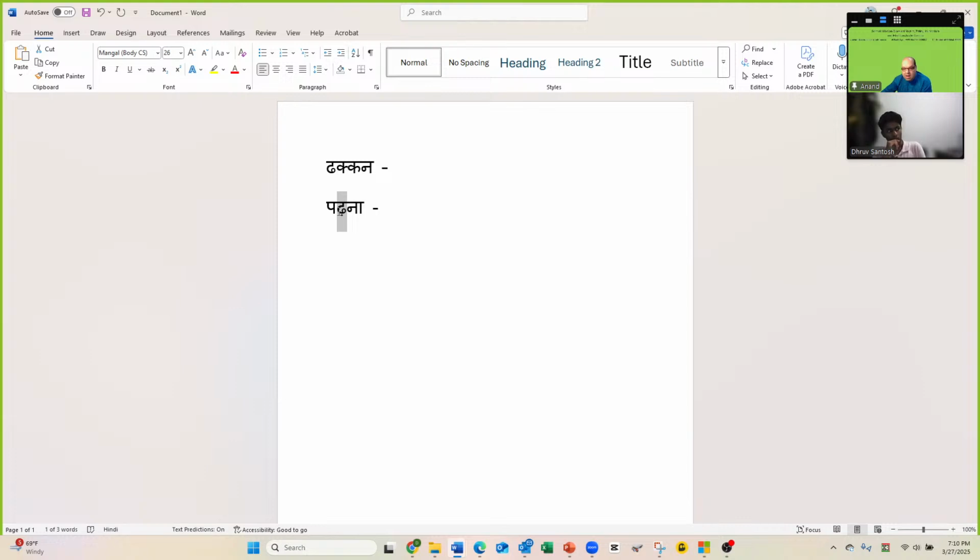Padhna. Now, what happens with these sounds is, whatever you do, you will not get these sounds right initially. You will only get the sounds right as you start reading more and more Hindi. What you have to understand is that over a period of time, as you get more fluency in Hindi, you will read the words right, and eventually you'll go back and be able to say the letters right.